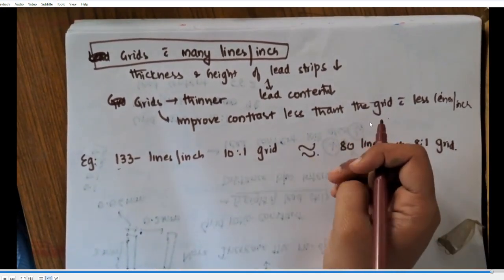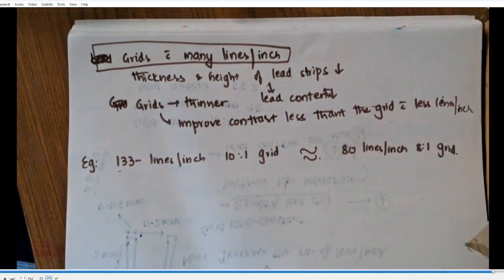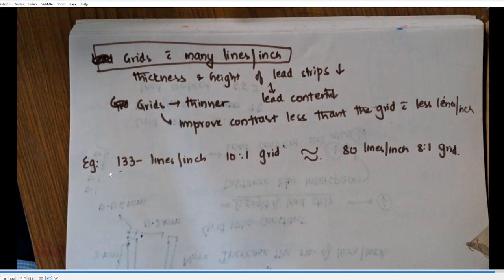So this fewer lines per inch grid of around 8:1 will be almost equal in contrast to the 133 lines per inch 10:1 grid, because here there is a stronger grid with more lines per inch, and this is a weaker grid with fewer lines per inch. Because there are fewer lines per inch, this improvement in contrast is almost equal to the stronger grid with more lines per inch. Thank you.